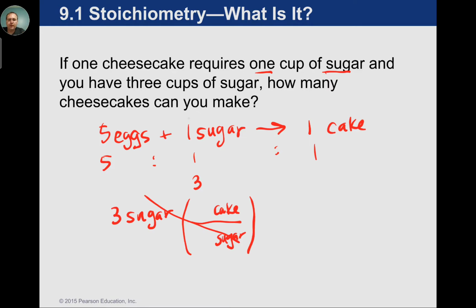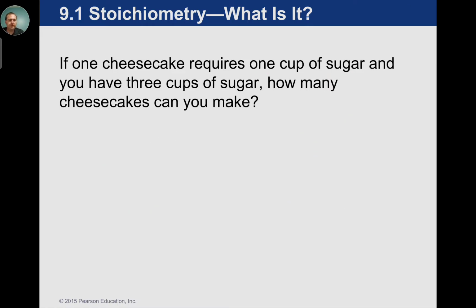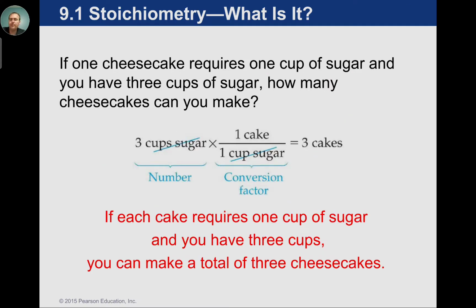Then we're going to use the numbers of 1 sugar per 1 cake, and that'll tell you that that's going to give you 3 cakes. So again, not meant to be difficult, just meant to show you that units cancel. And they have been for now 2 chapters in a row, and they'll continue to do so for 2 more chapters after this.